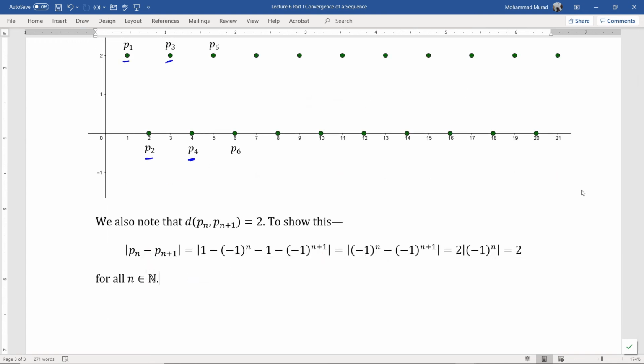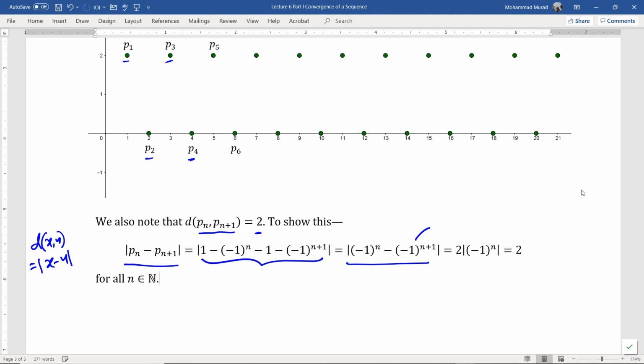We note that the distance between the terms p sub n and p sub n plus 1 equals 2. To show this, let's calculate the absolute value of p sub n minus p sub n plus 1. This gives the absolute value of negative 1 to the n minus negative 1 to the n plus 1.